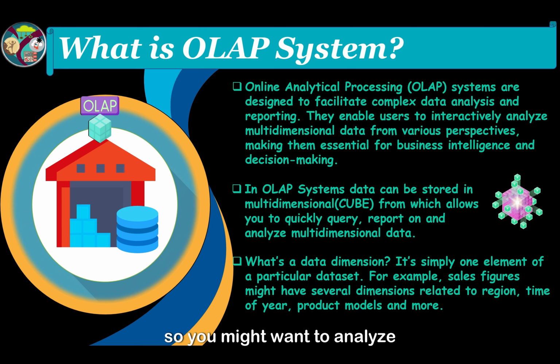You might want to analyze quarterly sales, annual sales, regional sales, or seasonal sales, right? Each of these is a dimension of data. By organizing the data into a cube, you can view and analyze it from multiple dimensions simultaneously. Don't worry, we will cover cubes and their functionality in detail in upcoming videos in the data warehouse series.